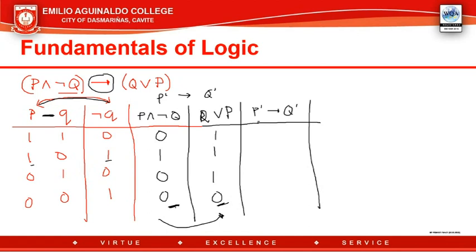But according to our truth table in implication, kapag 0, 0 siya, 1 pa rin yung values natin. Okay, let us always refer to our truth table, but again, it doesn't require you to memorize the truth table. I want you to be familiar of it and be familiar of the concept. So we have here 1, 1, and 1. So this will now be the result of our truth table for this particular problem.